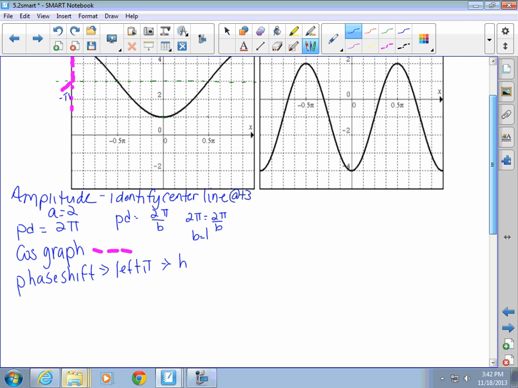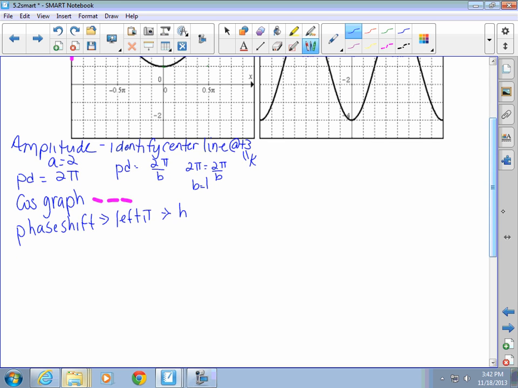My k value then is, where did that line move? It went from 0 to here at 3. So that means my k value is the 3. So if I put that all together for a cos graph, I have y is equal to a value of 2 cos, my b value is equal to 1, so you can put it in there, 1 times x.